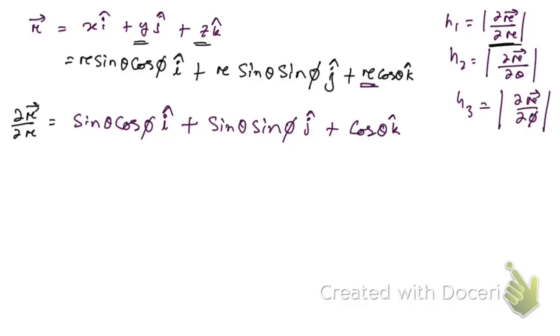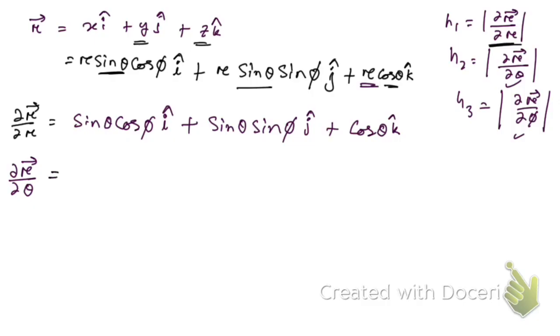Okay, first let me find all the derivatives. Again, if you differentiate R vector with respect to theta, theta is the only variable, and phi and r are taken as constant this time.